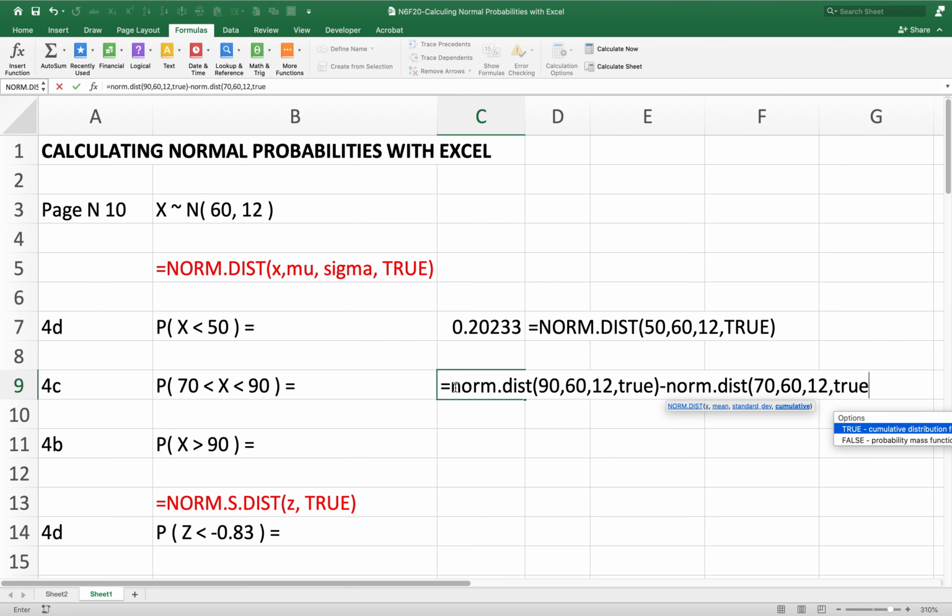So remember, we always use true as the last argument, and it's the x, the mu, and the sigma.